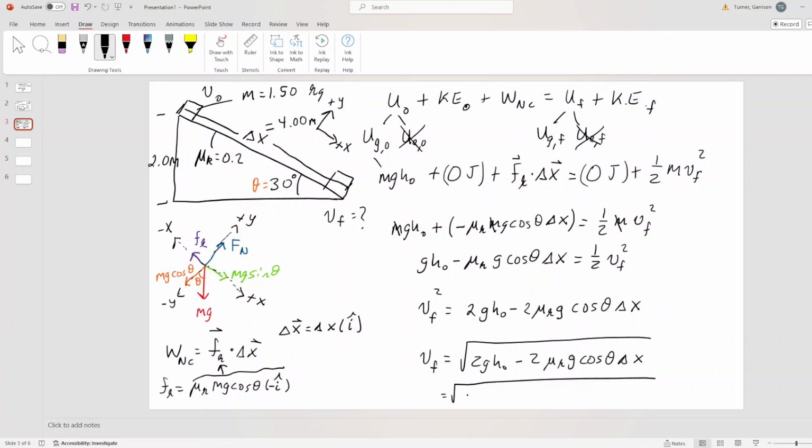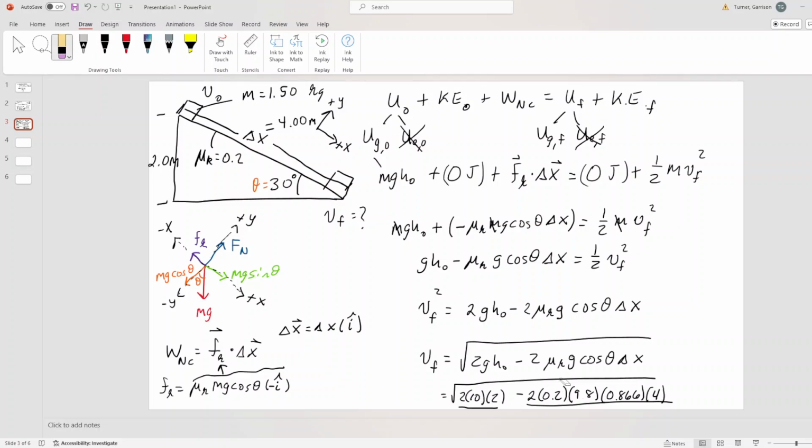And so what we can do is we can say, okay, just to get a glimpse, okay, so this is 2 times 10 times 2, and I'm dropping the units for brevity, all right? But how does that compare to 2 times 0.2 times 9.8 times, now the cosine of 30 is 0.866, and then times 4. Okay? So in other words, is this number larger than this number? Right? Well, this number is obviously 40.